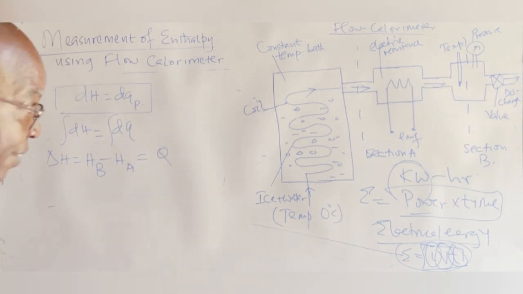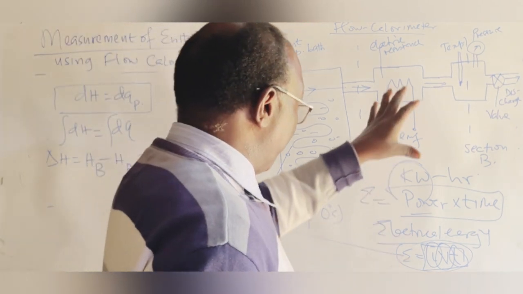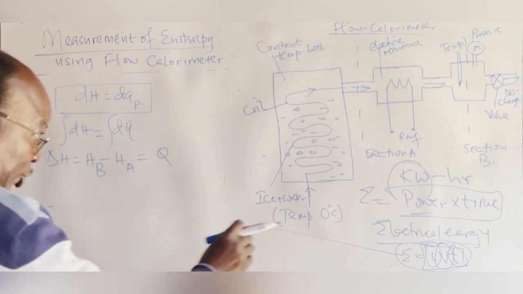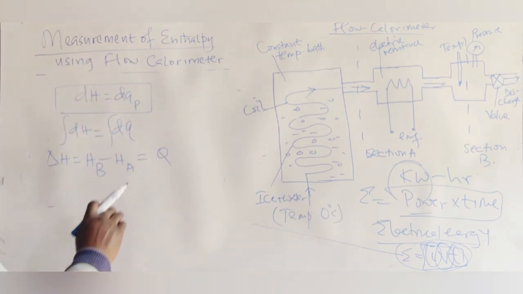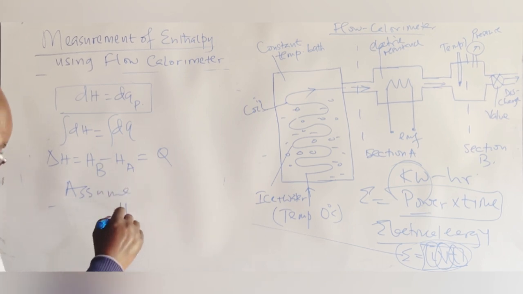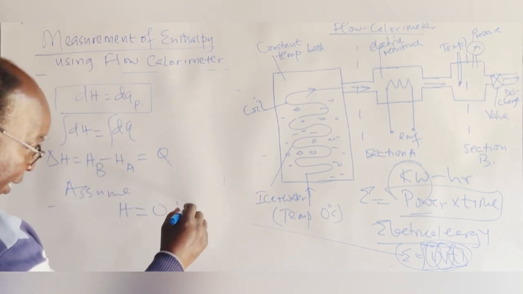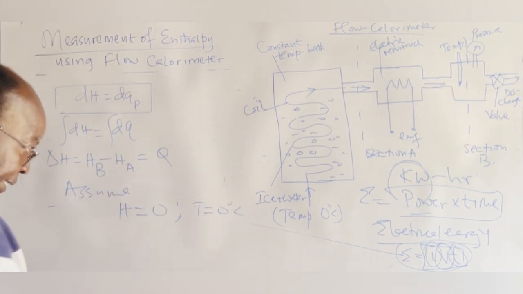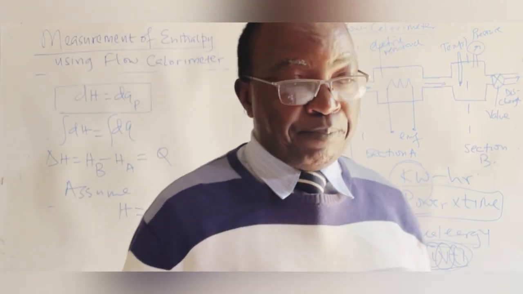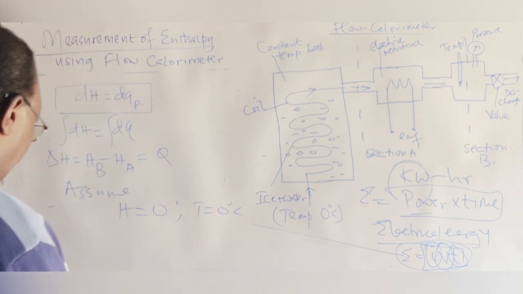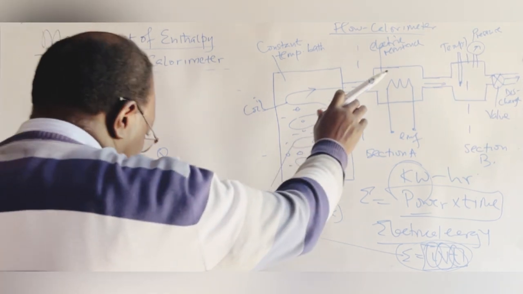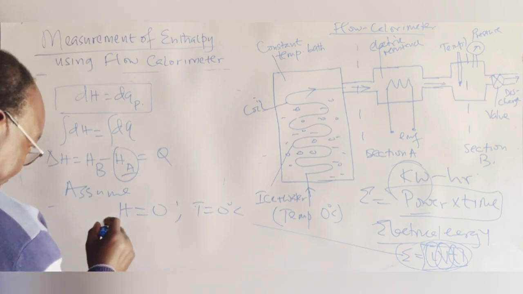Now, let us assume that at 0 degrees centigrade, the enthalpy is 0. Let us assume that H is equal to 0 when our temperature is 0 degrees centigrade. We assume that for simplicity, so that the enthalpy in section A is 0.